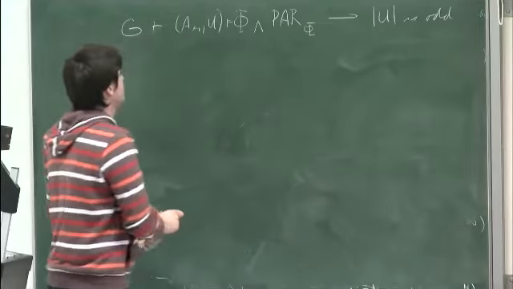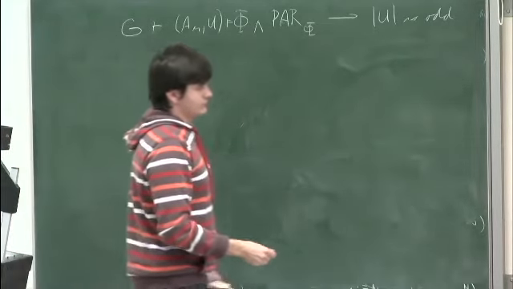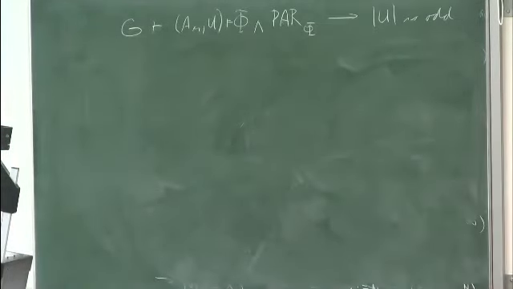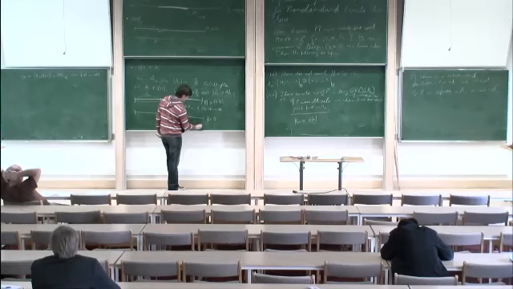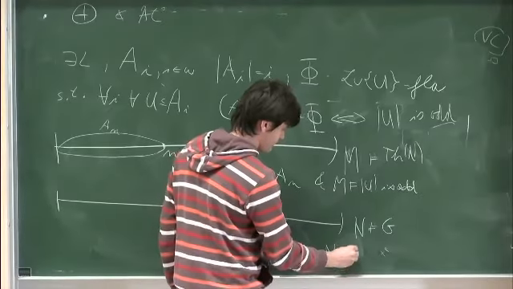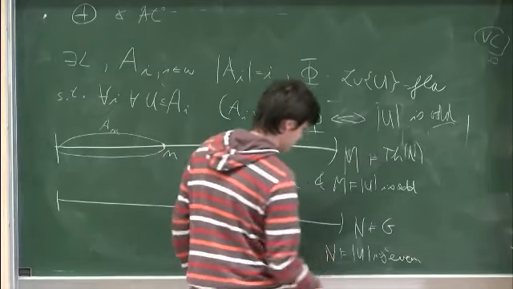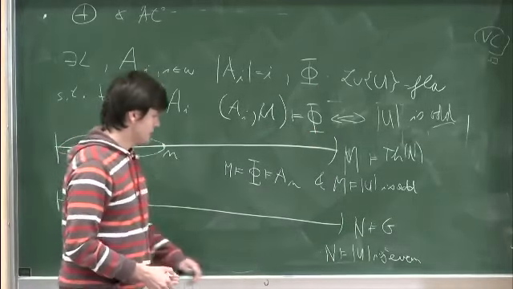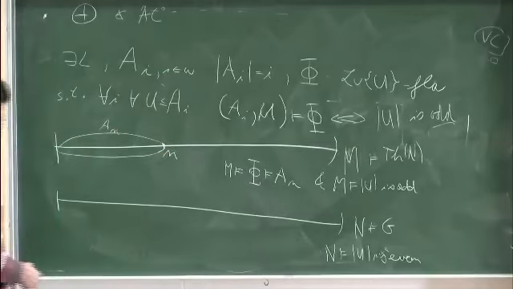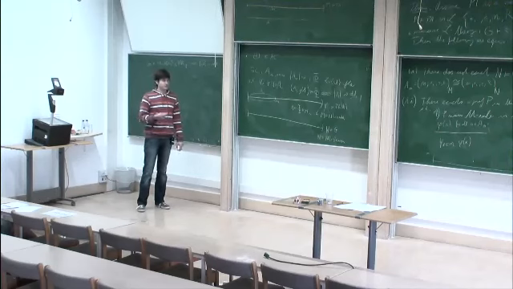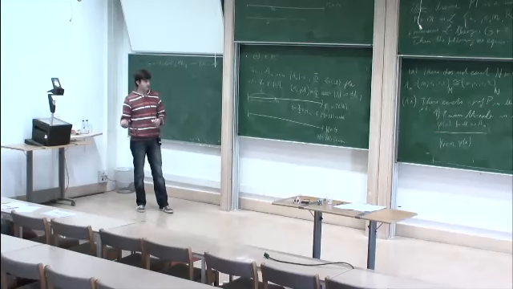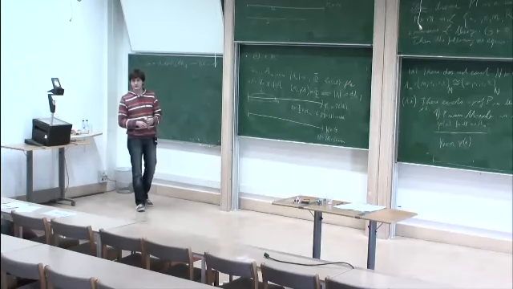And we will be able to construct such a model such that it's true in N that the cardinality of U is even. So how do we express these things? Things like the cardinality of some set being even or odd, we express by quantifying that there exists some bijection between our set and an even or odd interval, respectively.